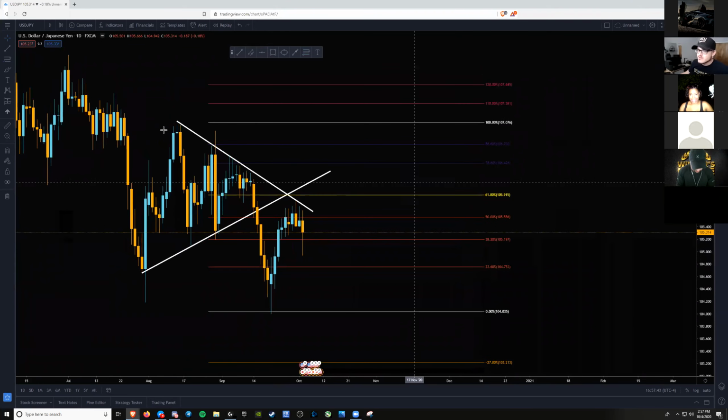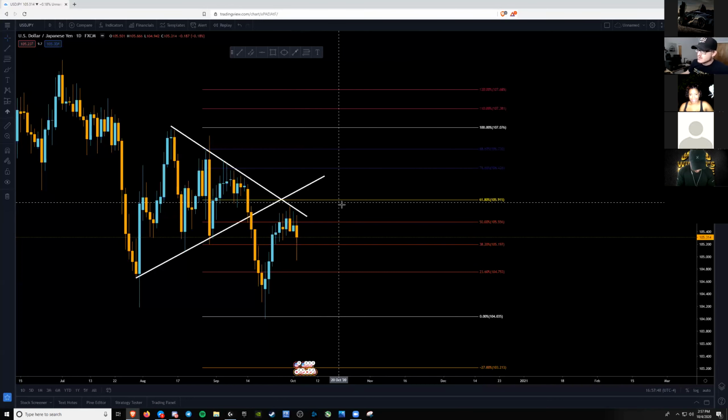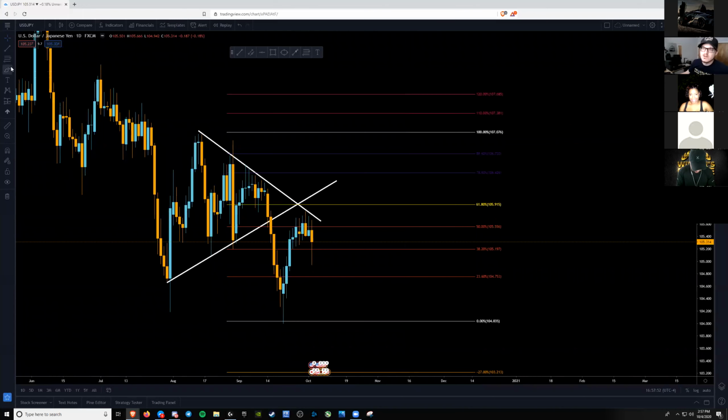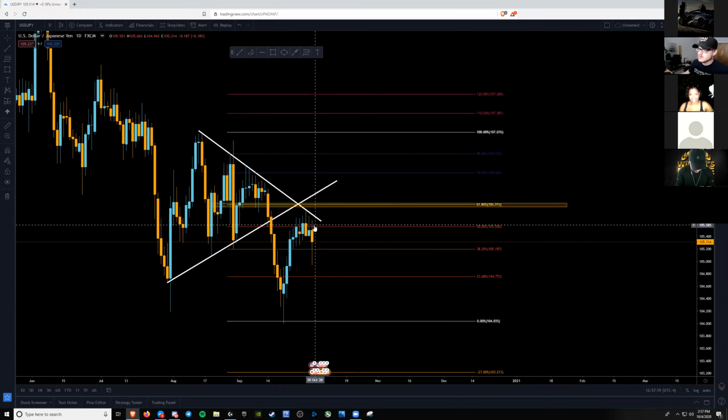We are currently sitting at the 50 of this larger pool. I think the chances of this moving back up to wick into the 61.8 range is still in the cards. I think that bias that I had before is still where I would be shorting UJ.